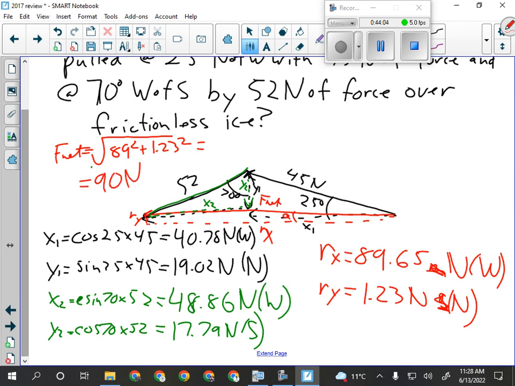as our net force. Then we need to find the vector for that. I'm going to use tan inverse because I've got opposite and adjacent sides. So tan to the minus 1 of the opposite side, 1.23, divided by the adjacent side, 89. Obviously I'll use all the decimals when I do that.